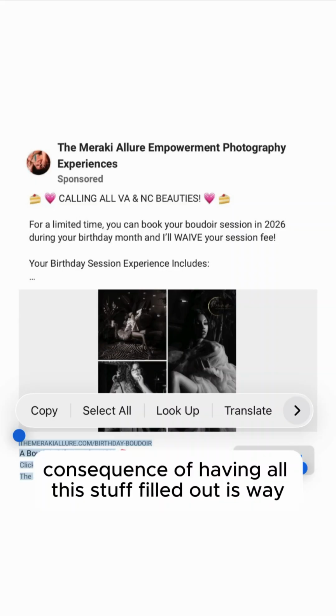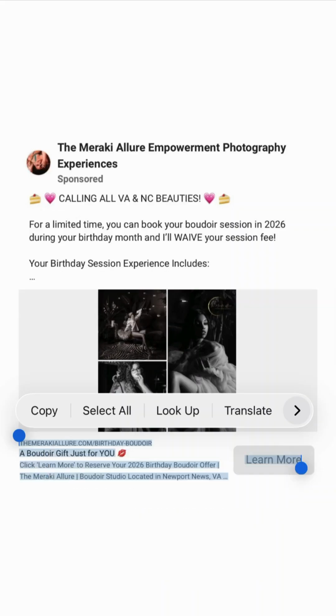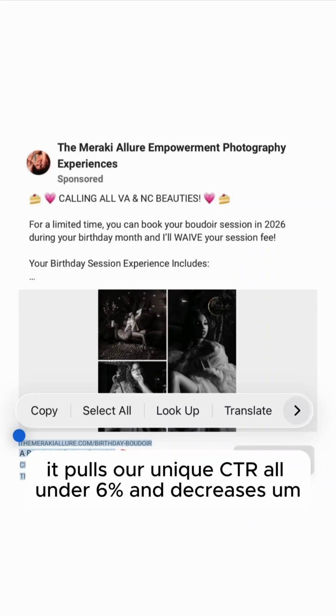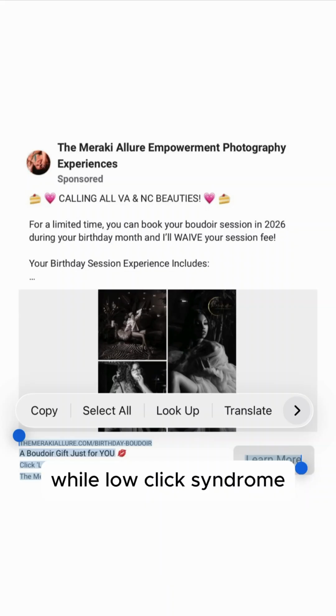So a consequence of having all this stuff filled out is way more women scroll by our Boudoir Facebook ad. And as a result, it pulls our unique CTRL under 6% and increases the probability we have BLCS, Boudoir low click syndrome.